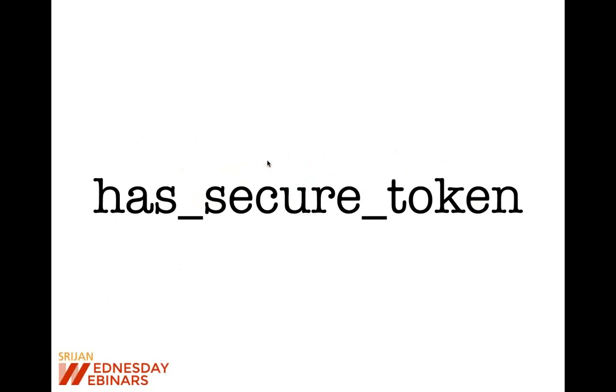The other thing that is added is has_secure_token. In our applications, there are a lot of places where we want to use some tokens for authenticating users or verifying them. We can send those tokens in our emails, or use those tokens in our application and stuff like that.